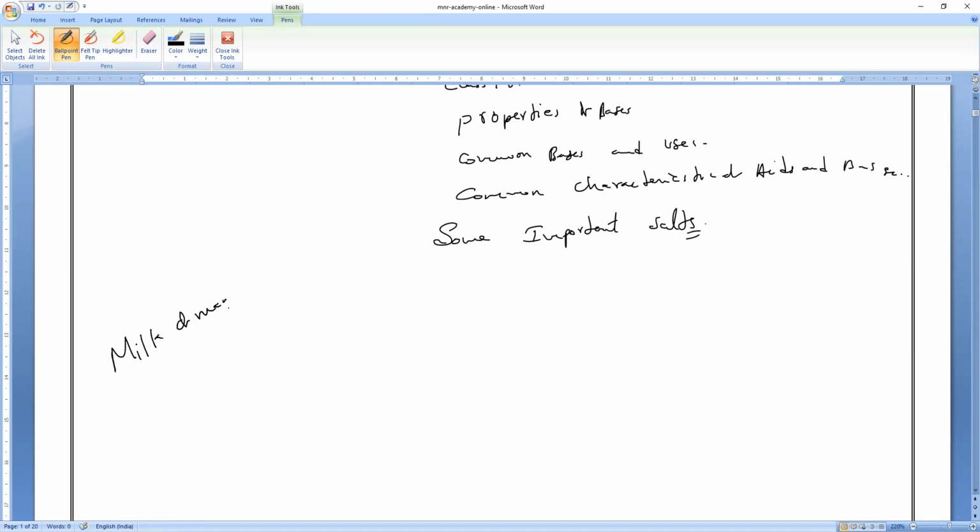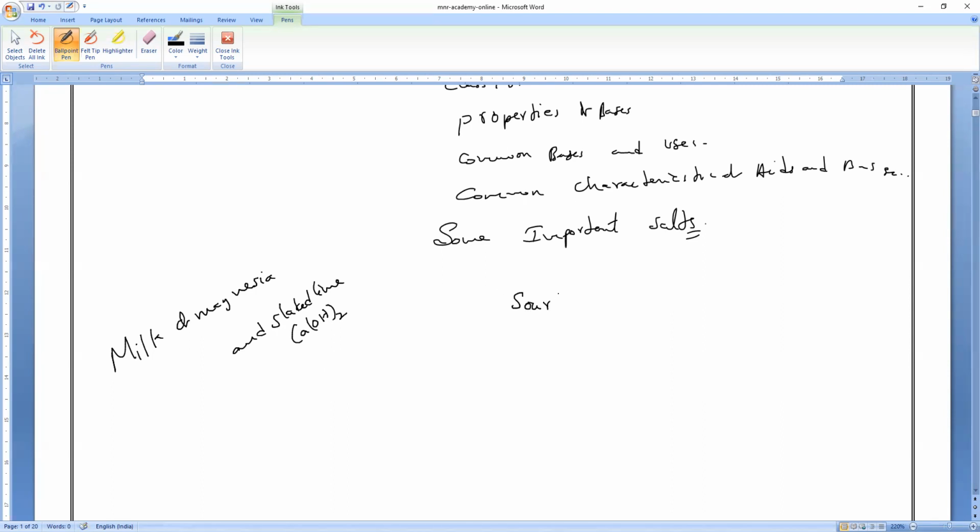So milk of magnesia. And if I have taken slaked lime, we all know slaked lime means what? Everybody, from chapter 1 we have studied. What is that, guys? Calcium hydroxide. So if you check lemon juice and tomato, all these things, some of them are sour in taste.